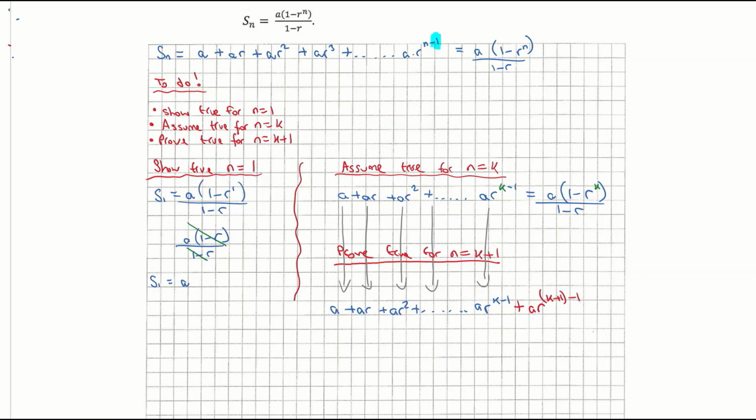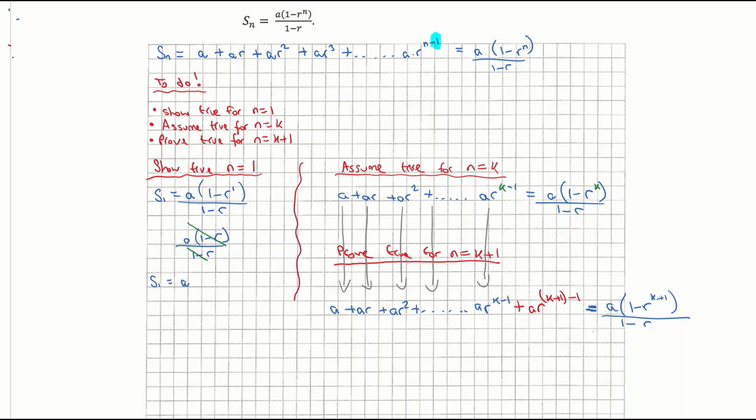And what I want that then to be equal to, I'm trying to show that that is equal to a times 1 minus r to the power of k plus 1 all over 1 minus r. So throughout this proof now, from here on in, I'm going to ignore the right hand side. That's what I want to show is true, but I'm basically just ignoring it now.